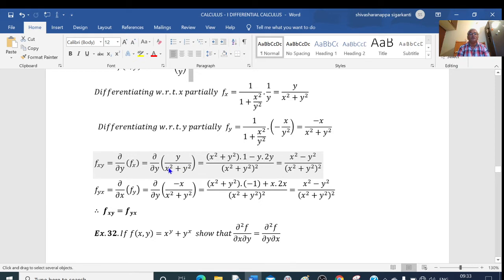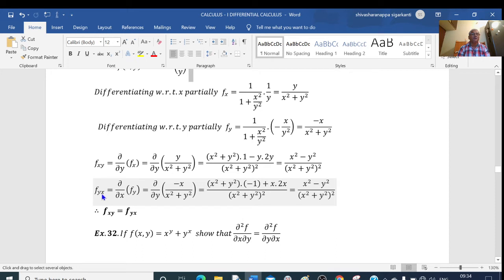Derivative of x square is 0 plus y square derivative is 2y. In the numerator we have x square plus y square minus 2y square. So that means x square minus y square by x square plus y square whole square. This is our fxy.